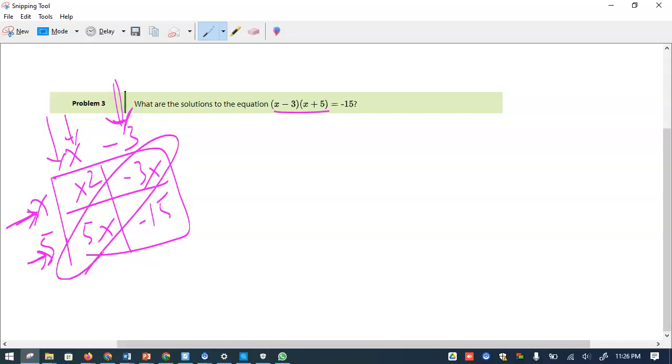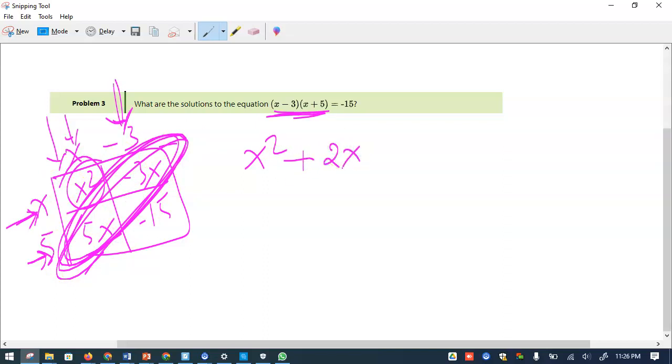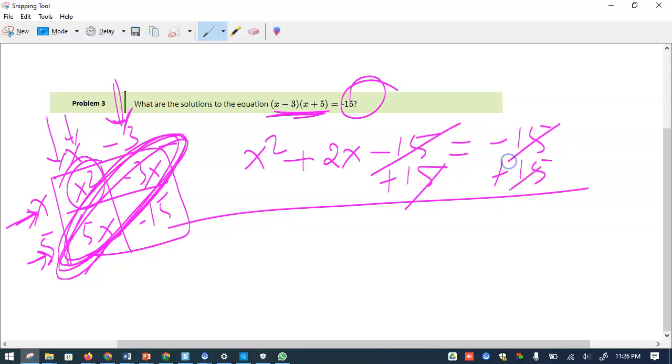See? So this whole thing is the x squared, which is right here. This together is plus 2x, because opposite signs subtract. And you get it like this. The rest just stays the same. So if we add 15 to both sides, this crosses out and you get x squared plus 2x equals 0.